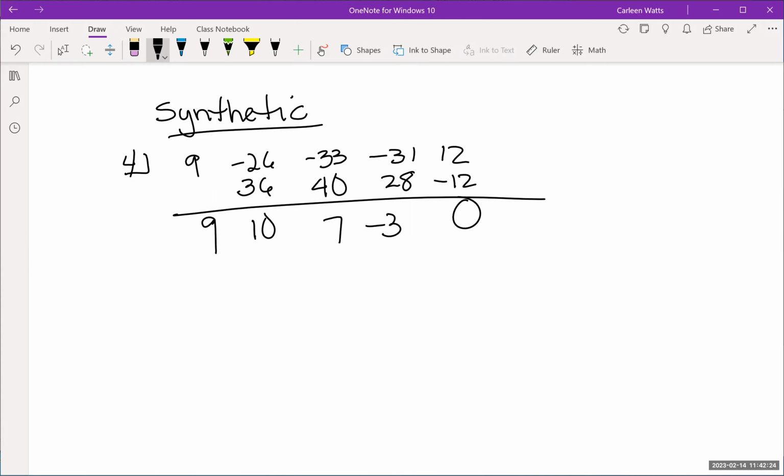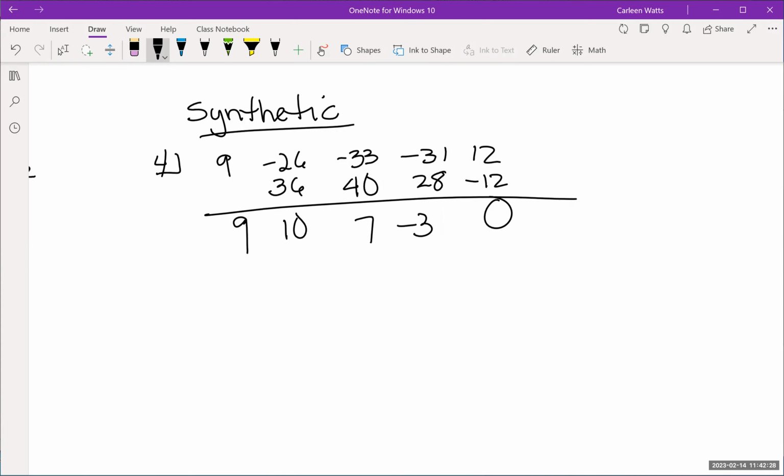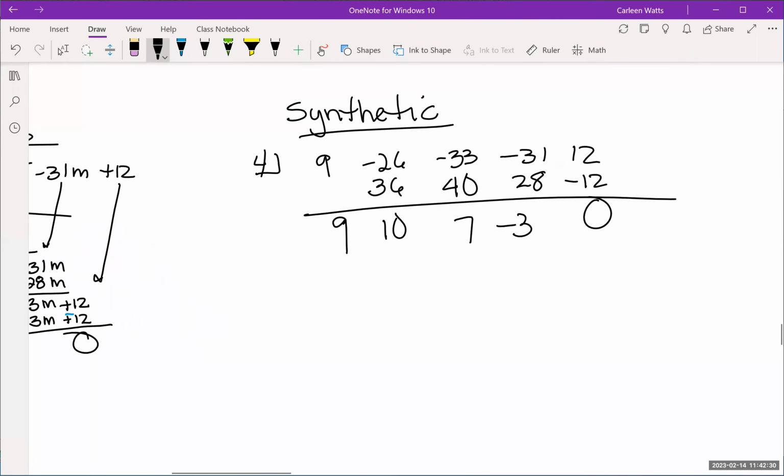But where the heck are the answers? So this started off with m to the 4th. So you take it down a level. 9m cubed plus 10m squared plus 7m minus 3.